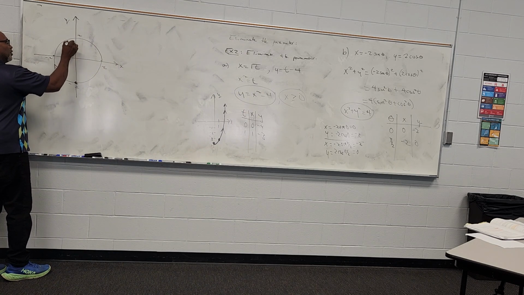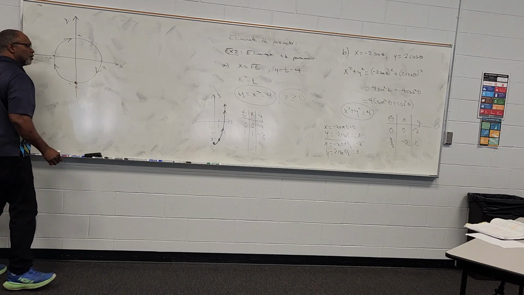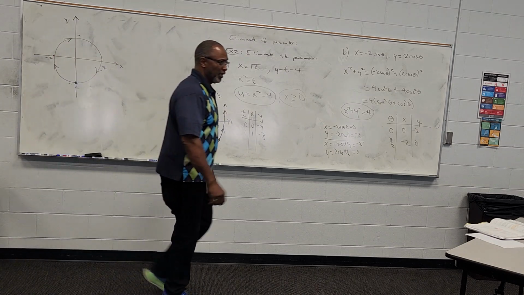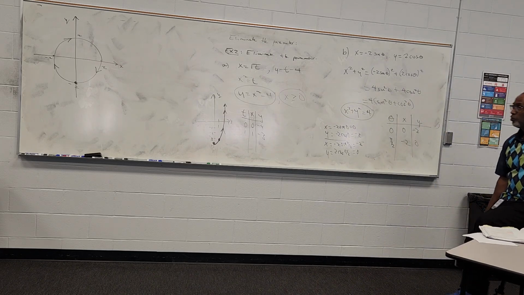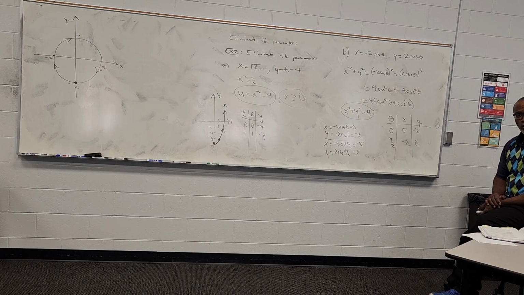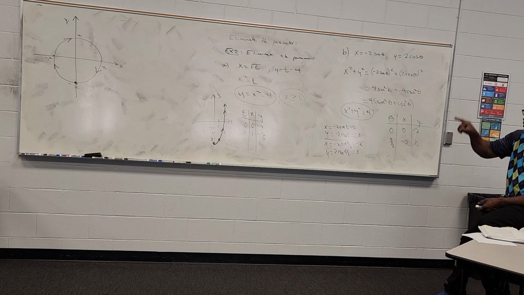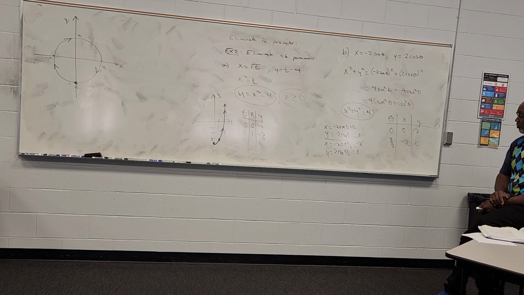That means we're going in this direction around that circle. So with parametric equations, you have to sketch the plane curve, and you have to determine orientation. Which direction am I traveling along that plane curve? For us, we are traveling counterclockwise around that circle. So it's that easy to eliminate a parameter and to determine orientation. Nothing hard about it.